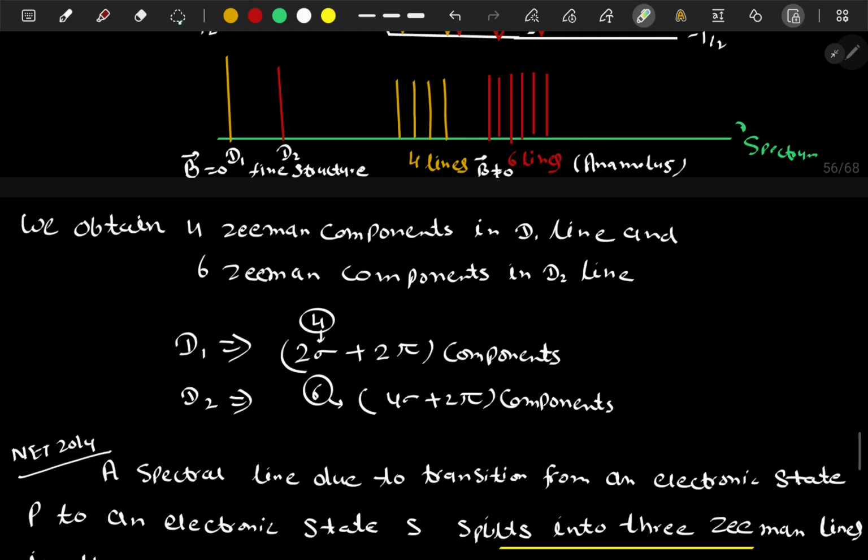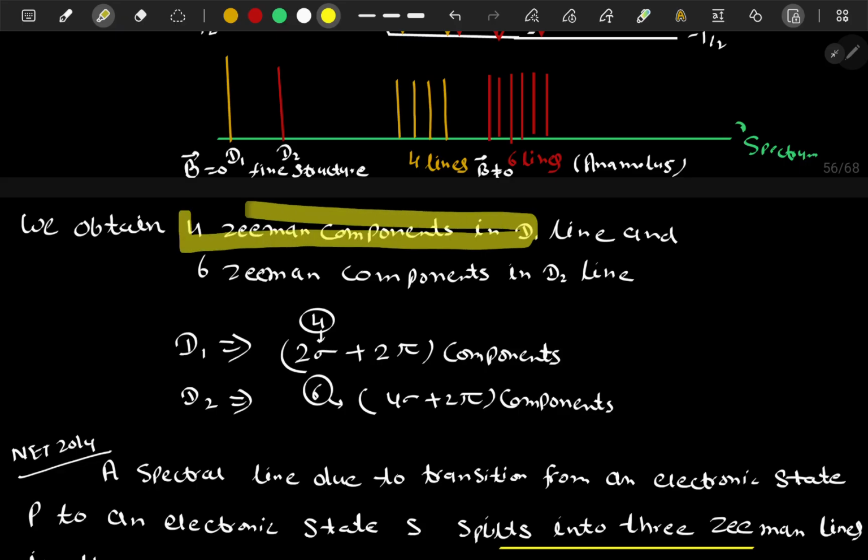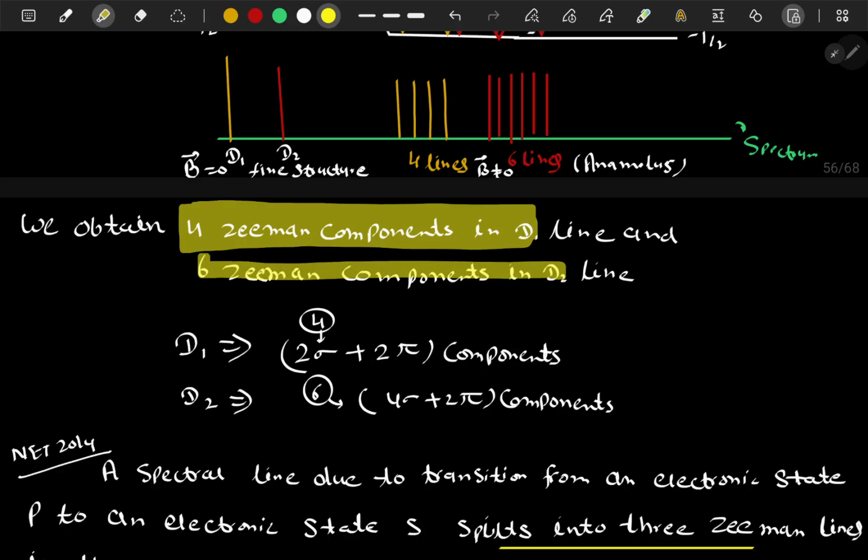So this should be remembered, that we are having 4 Zeeman components in D1 and 6 Zeeman components in D2.